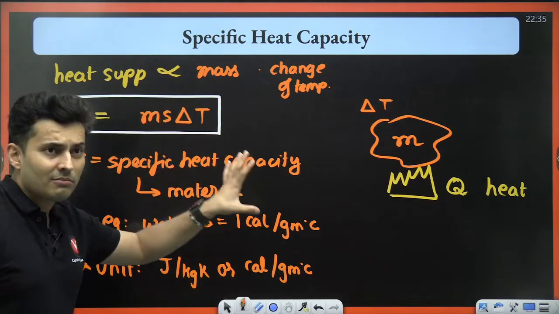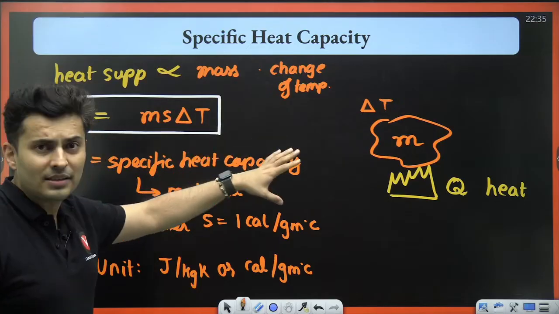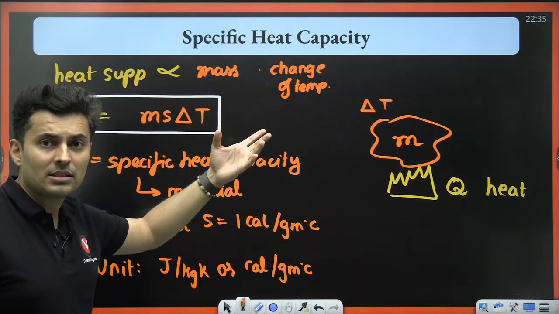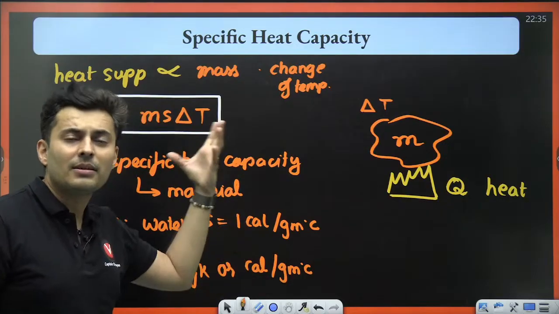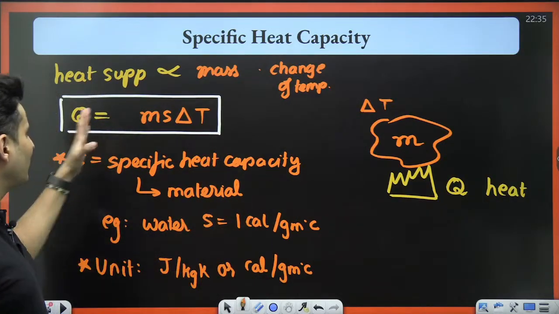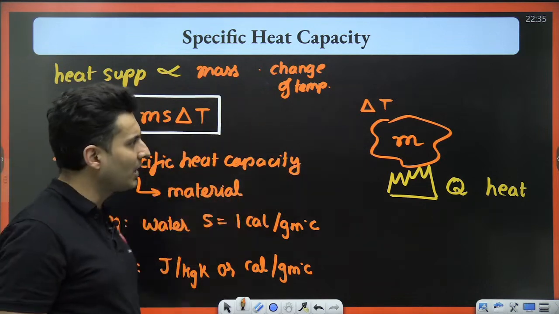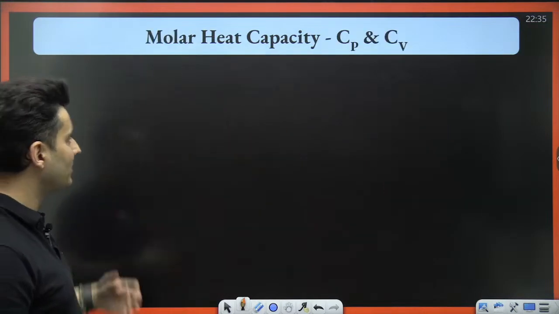Apart from this, so usually this is used for solids. Apart from this, you might have gases, and gases are usually measured in moles. That's when you do not write mass. Mass is generally for solids, liquids, it's okay. For gases, you use moles.